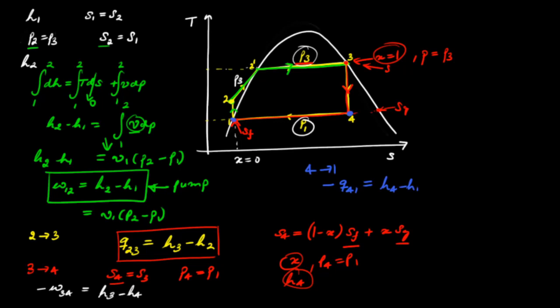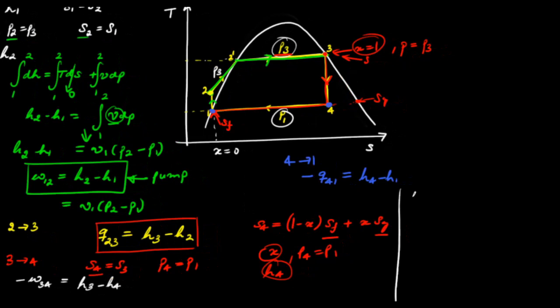So the net work that is done is the work done by the system. So this is minus W34, the work done by the turbine, minus the work input to the pump for this process 1 to 2.